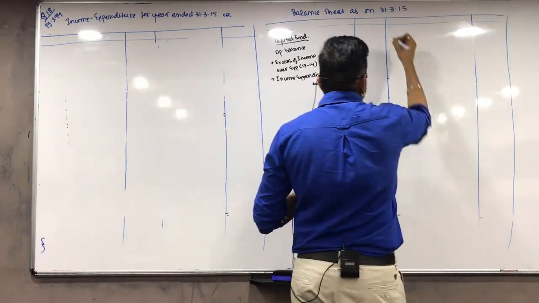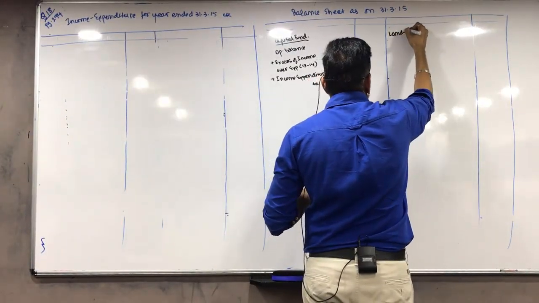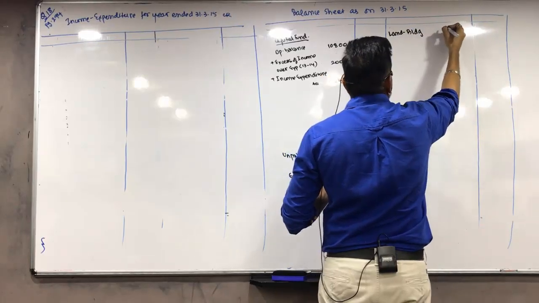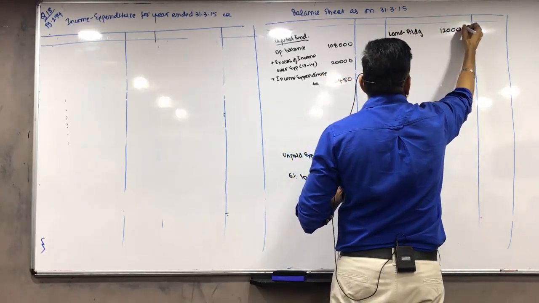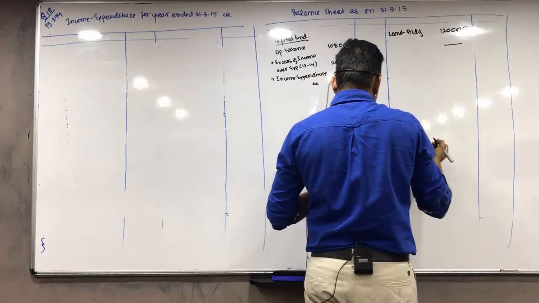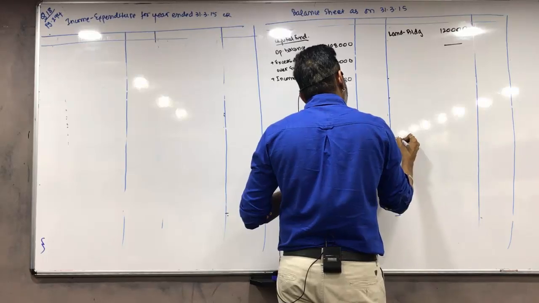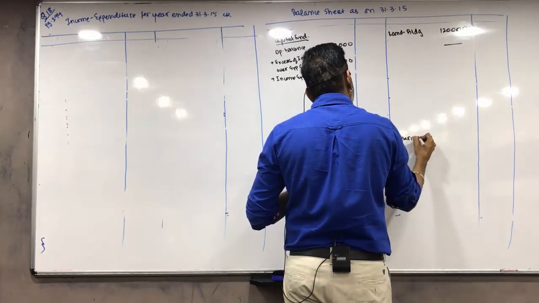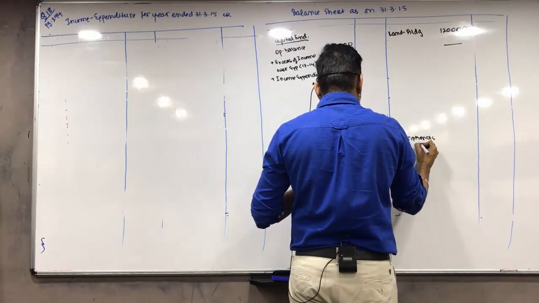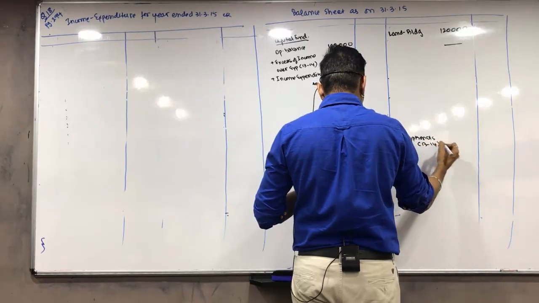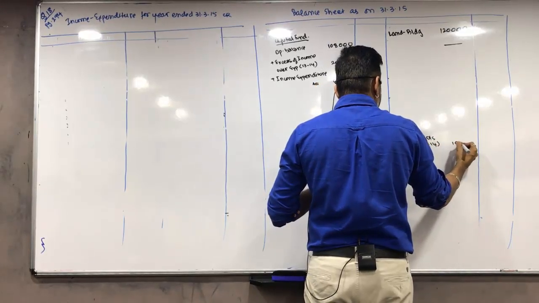Land and building. Inner column 1,20,000. Cash balance not required. Subscription outstanding. Subscription outstanding 13, 14. Inner column 1520.